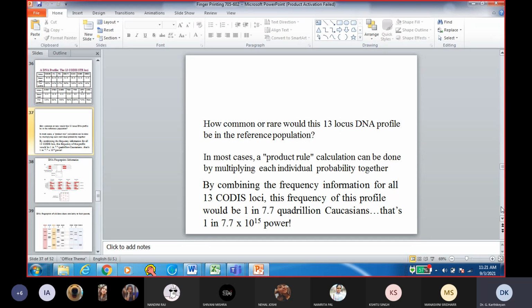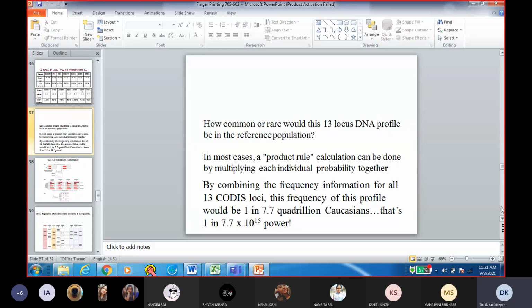Okay, which is not the population right now. The population is much below that. Which means the discriminatory power of DNA fingerprinting is fairly accurate. It can pinpoint an individual in a very, very clear fashion. The population of the US, or for that matter, the population of India or China, are much lower than this figure.